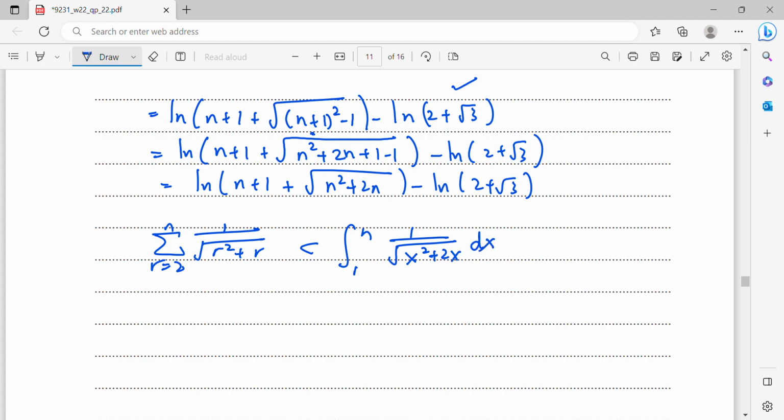Okay, so from here, if I start the sum whereby r equals 1 until n, I will get this.